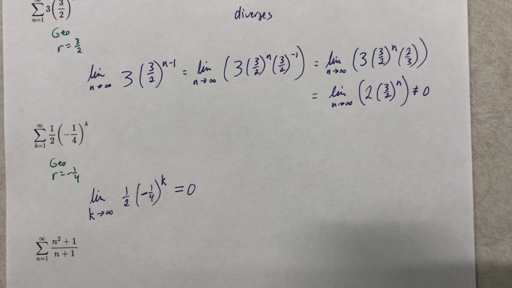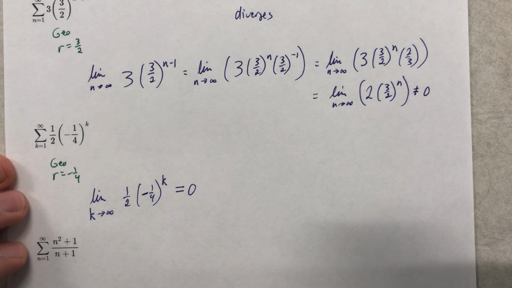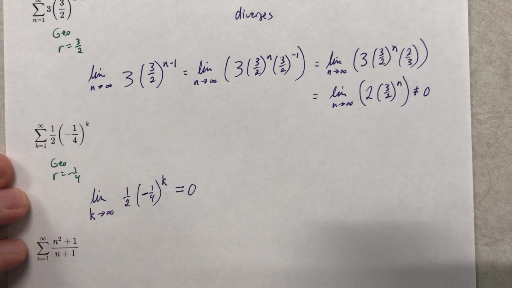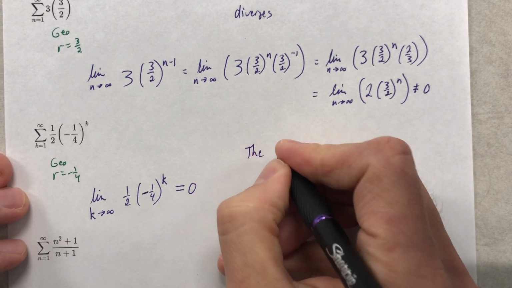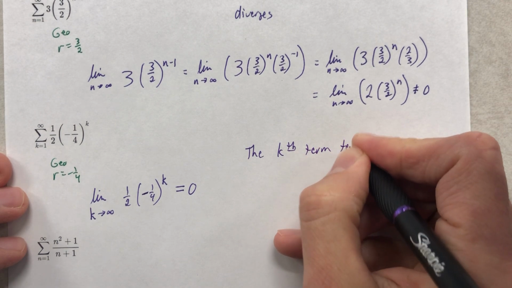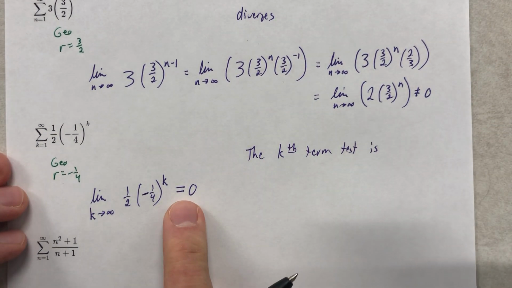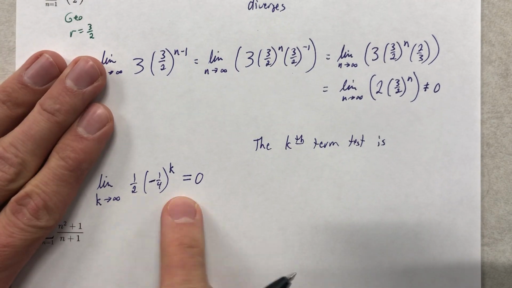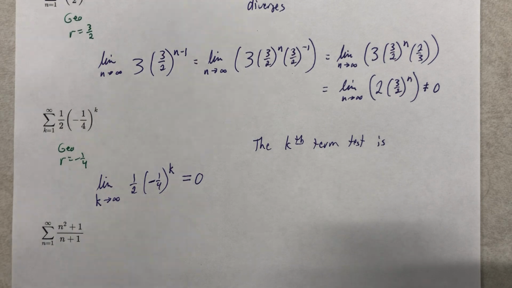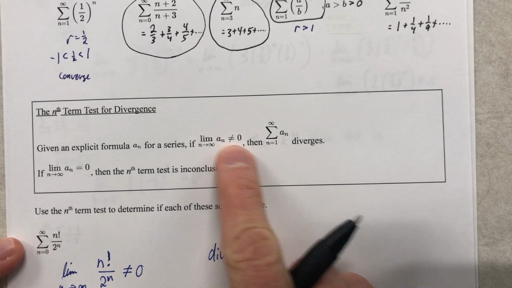So I want to be very clear with this. The nth term test, kth term test actually, and I want to be specific with that. The kth term test is inconclusive. Based on this, only this, I cannot say convergence or divergence, right? That was the part I muddled through in a previous video, where I was talking about how if it does not equal 0, we have divergence.